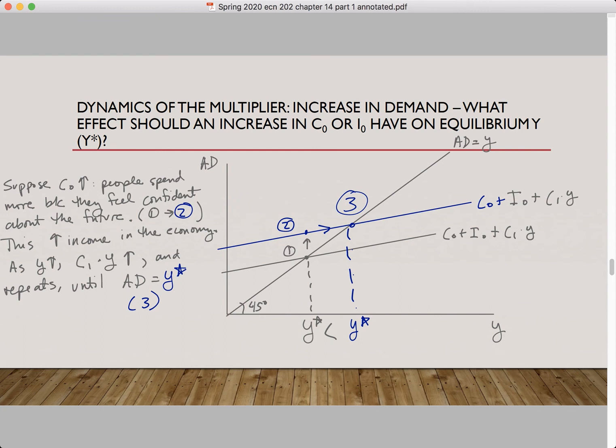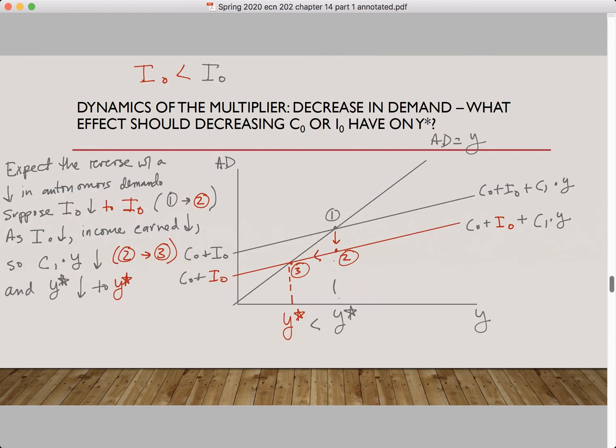So we're going to move not just up from 1 to 2, but from 2 to 3. We're going to expect movement along our new aggregate demand curve as earnings trickle through the economy and translate into more spending. And eventually we will be back in equilibrium at point 3, where our new aggregate demand function intersects that 45-degree line.